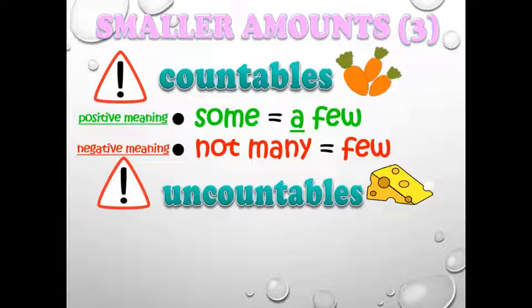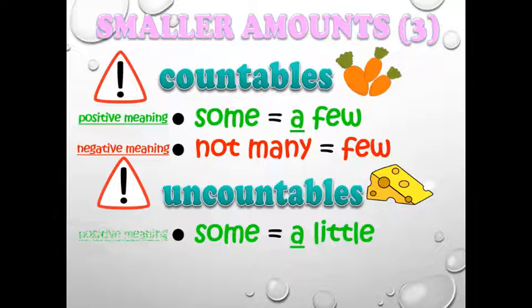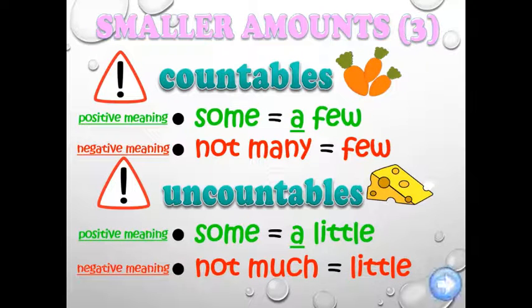For uncountable nouns with positive meaning, we use some and a little to express enough quantity. And for the negative meaning, we use not much and little to express not enough.